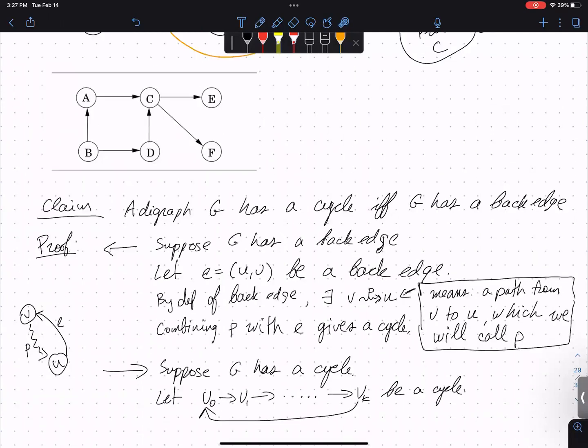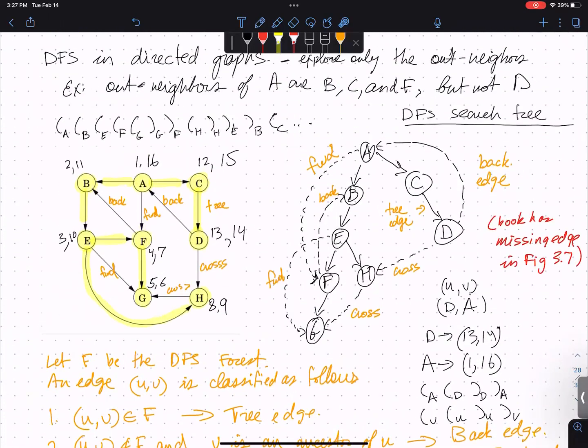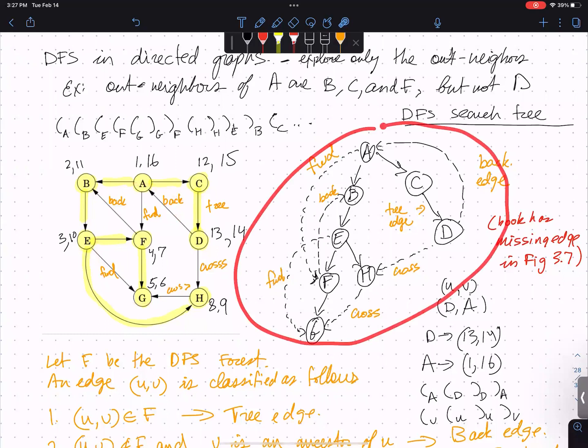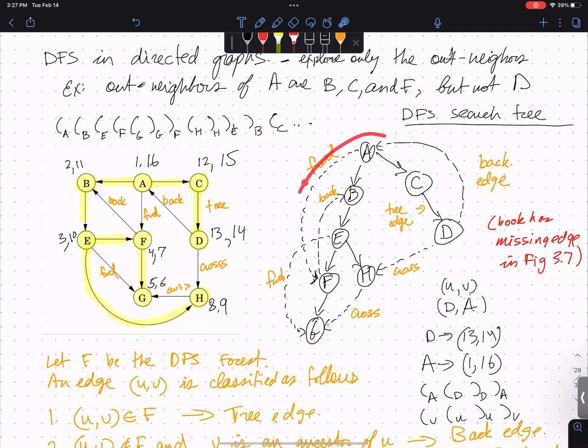Let me give you some intuition for that as well, again with this example. Imagine there's some cycle in this graph. What does this cycle look like in this different way of visualizing the graph, like a forest plus these extra dotted edges? Well, it's maybe going down the tree at some point. If it's using tree edges, then it's going down the tree. But if it's a cycle, it has to somehow come back up the tree.